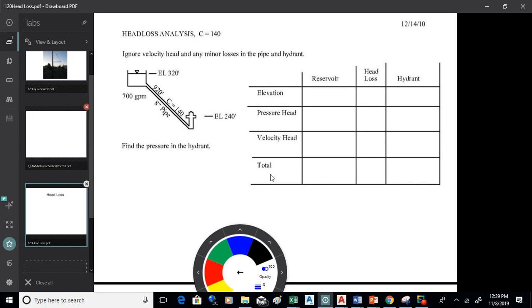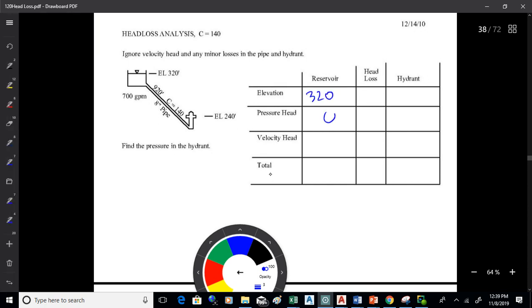Now this table gets filled out in very similar ways every time. We're working through this same physical setup over and over again. So once again, we've got 320, no pressure head, and we're going to ignore velocity head. So we have 320 feet of energy here.